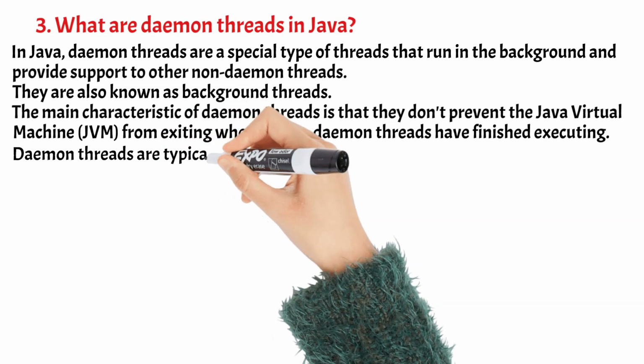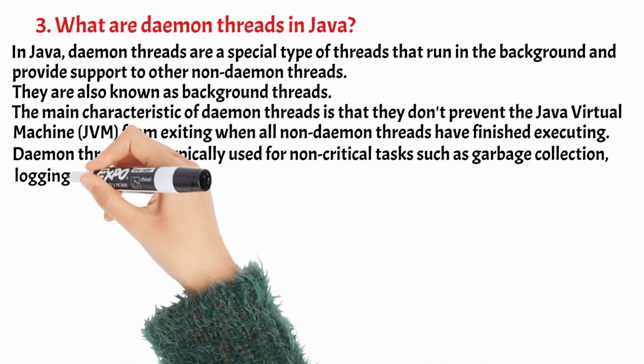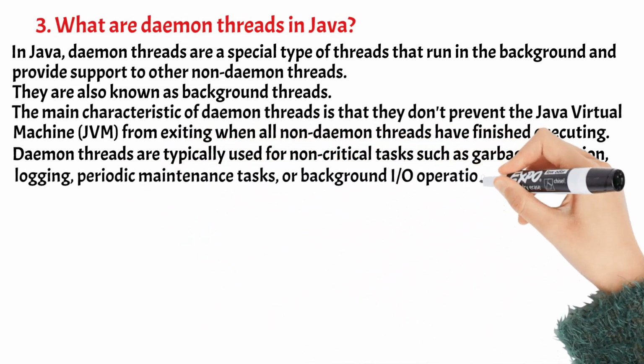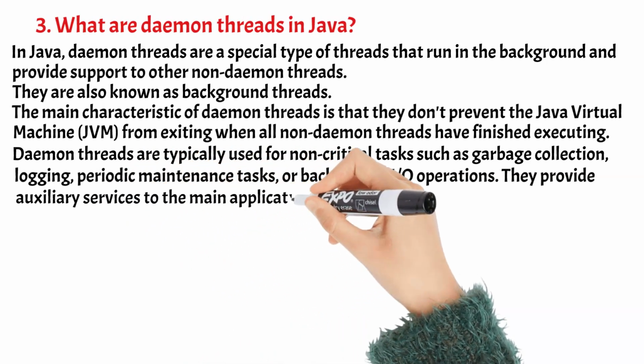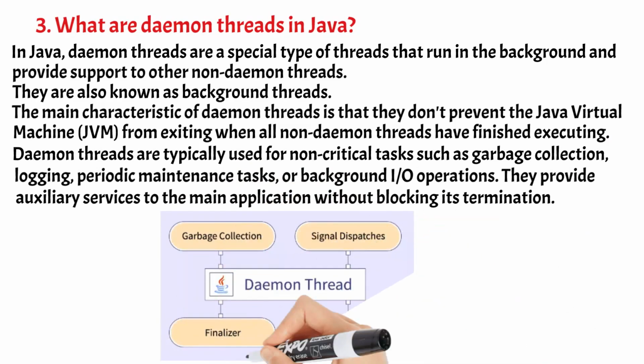Daemon threads are typically used for non-critical tasks such as garbage collection, logging, periodic maintenance tasks, or background I/O operations. They provide auxiliary services to the main application without blocking its termination.